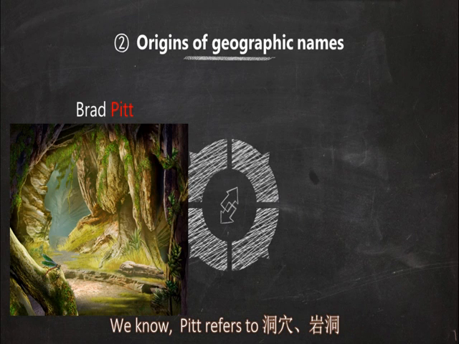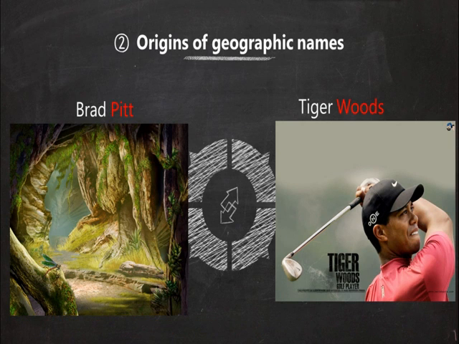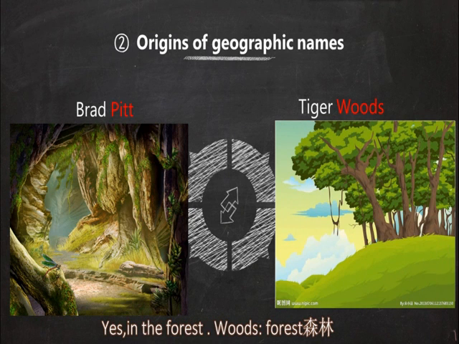We know pit refers to 洞穴, 岩洞. And this one, he is a very famous golf player, Tiger Woods, 老虎伍兹. Then, how about his ancestor? Yes, in the forest. Woods, forest, 森林.